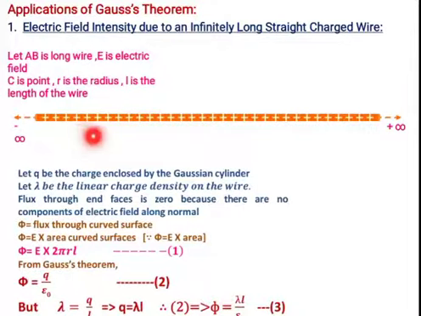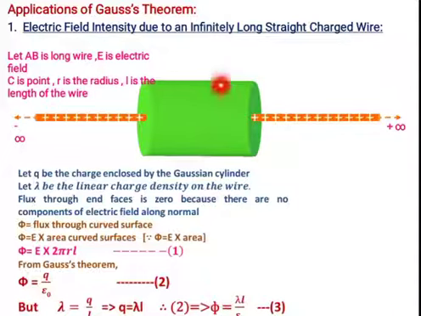It is a straight, positively charged conductor. This cylindrical surface is an imaginary surface, and that imaginary surface is the Gaussian surface. We know a closed imaginary surface is called a Gaussian surface.